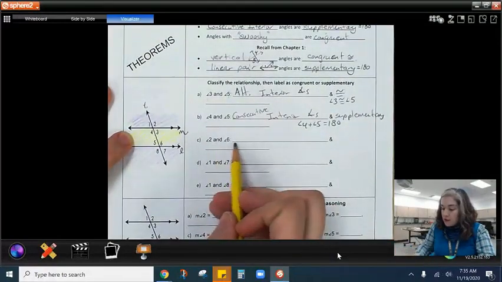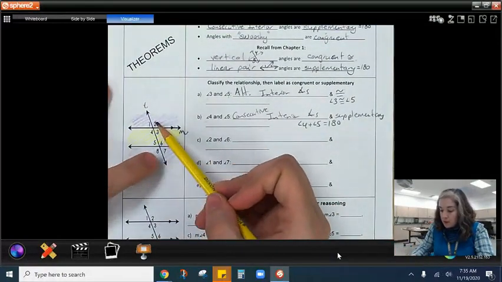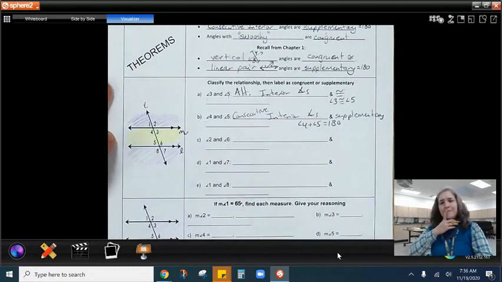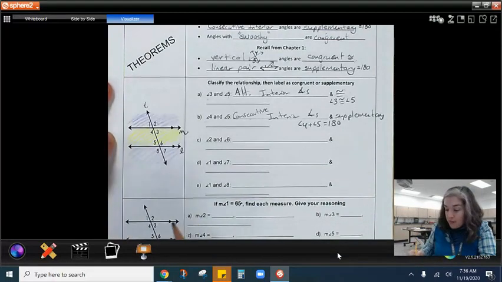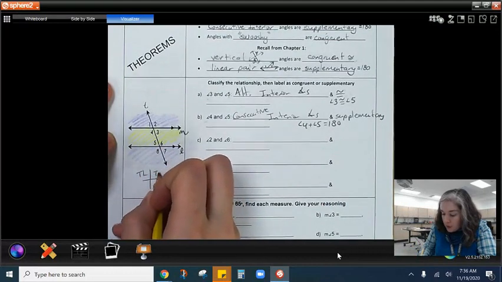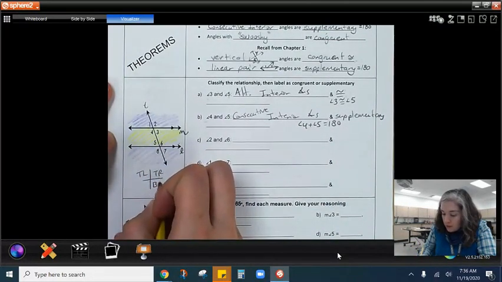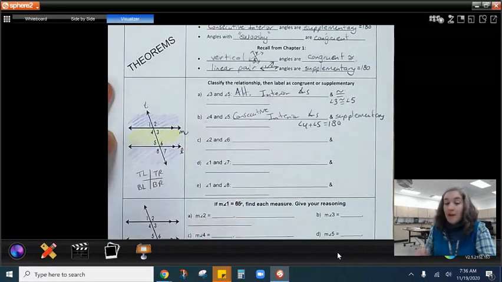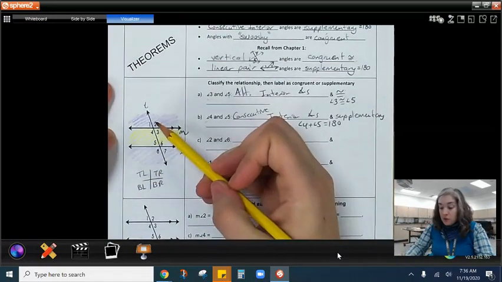Let's take a look at angle 2 and 6 now. Well, 2 is up here, 6 is right there. One of them is in the purple, and the other one's in the yellow. When that happens, we need to think about our very special corresponding angles, because we've got the top left, top right, bottom right, and then bottom left. Same position.